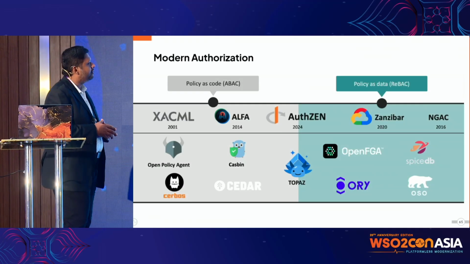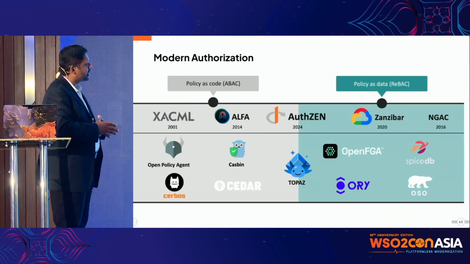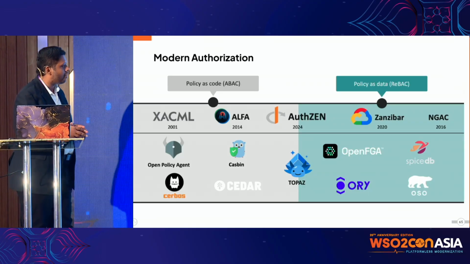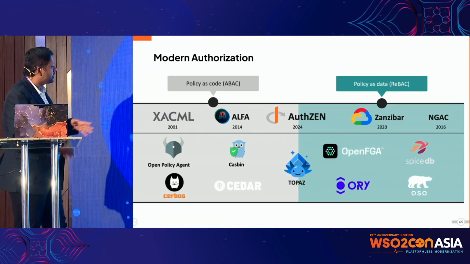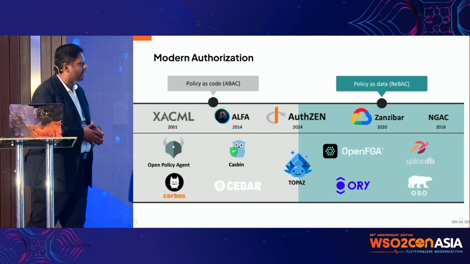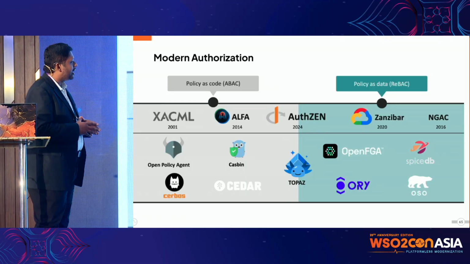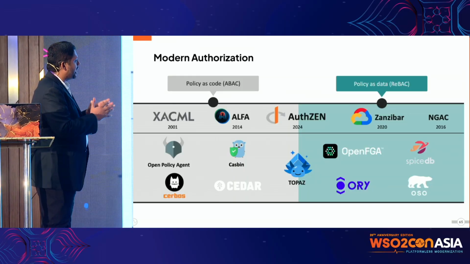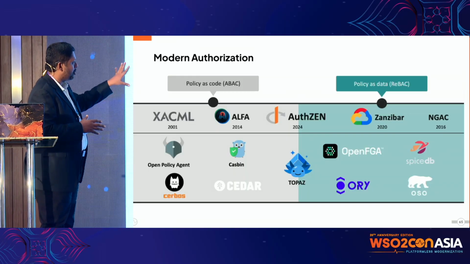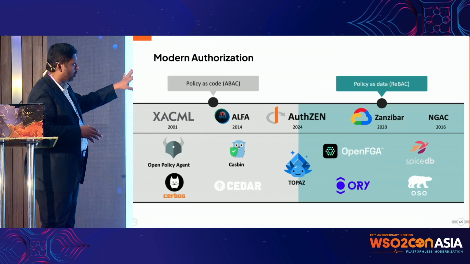So when we look at the modern authorization technologies, there are many, starting from XACML all the way to Zanzibar, OpenFGA, etc. But there are mainly two categories. One is policy as code, that is ABAC.